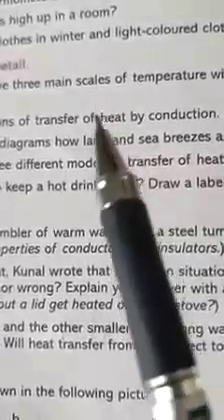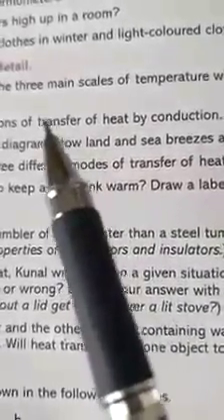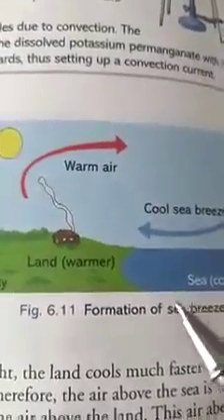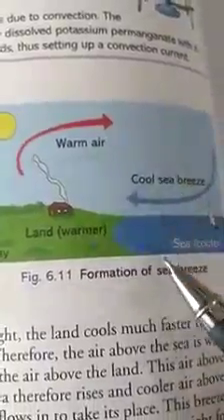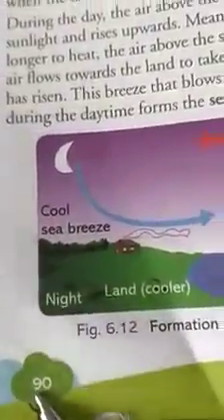This breeze that blows from land to the sea at night is called what, dear students? That is the land breeze. Dear students, you have to also make the diagram, which is given on page number 90: formation of sea breeze and formation of land breeze.